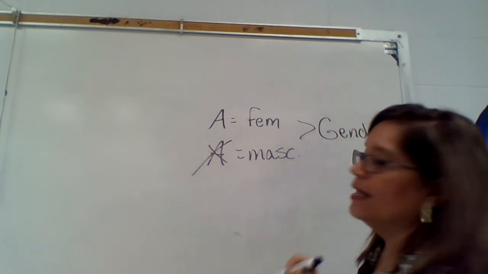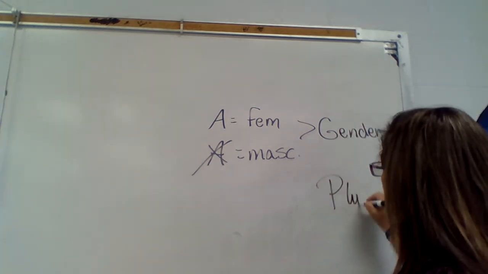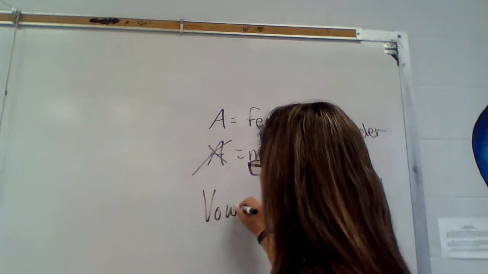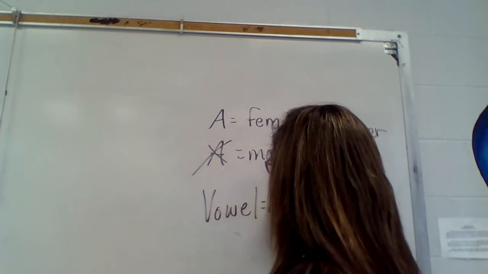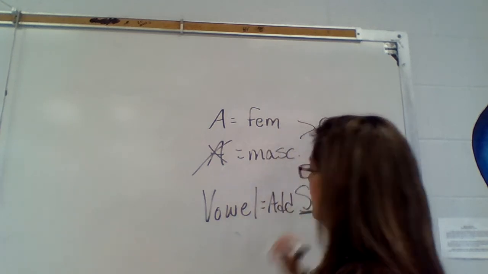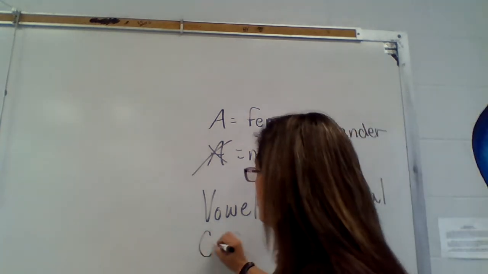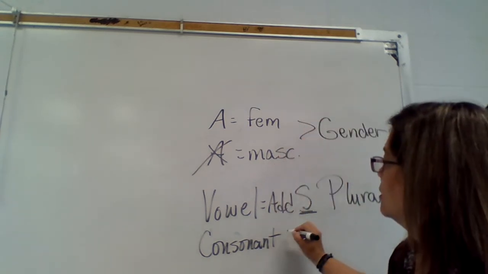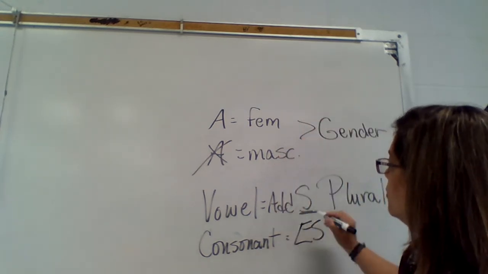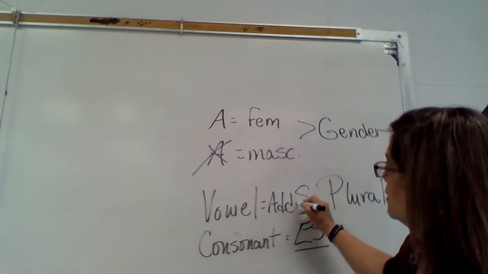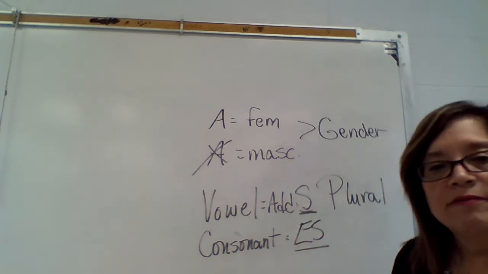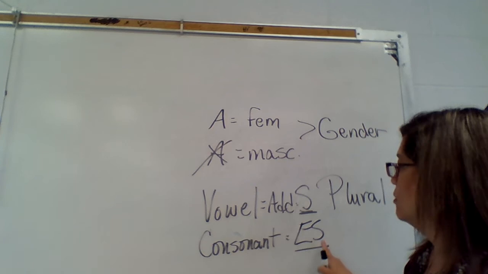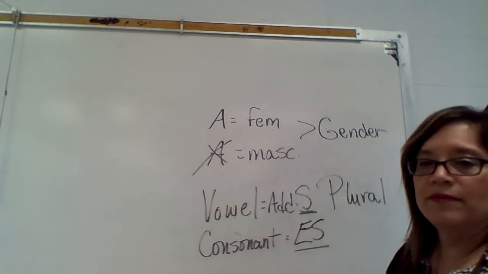To make a noun plural in Spanish, again, if it ends with a vowel, we add an S. If it ends with a consonant, that is anything that is not a vowel, you add ES to make it plural. Very simple rules. Vowel, you add an S. Consonant, you add ES. Okay?